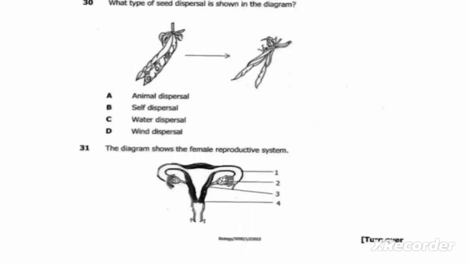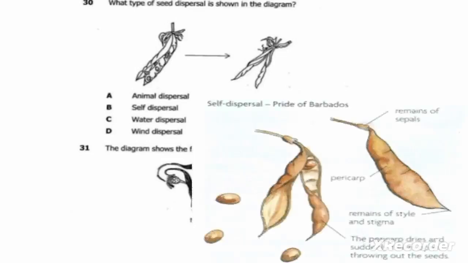We shift to the next question, which is question 30. The question reads, what type of seed dispersal is shown in the diagram? A. Animal dispersal. B. Self-dispersal. C. Water dispersal. D. Wind dispersal. So we can see that this one is showing self-dispersal.